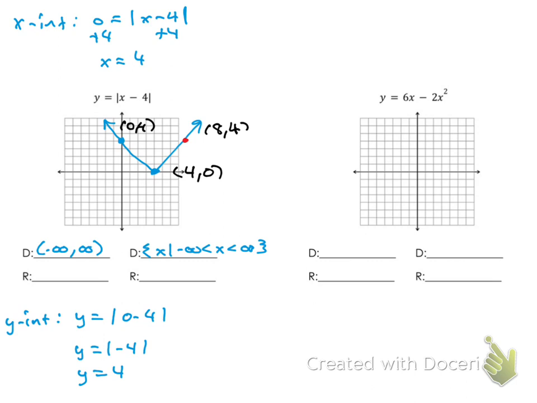A common mistake is they will use the x value when talking about the range, but we're not looking at the x value. We're looking at the y value. What would the range be? All positive numbers, plus zero. It'd be from 0 to infinity. That range would be from 0 to infinity.